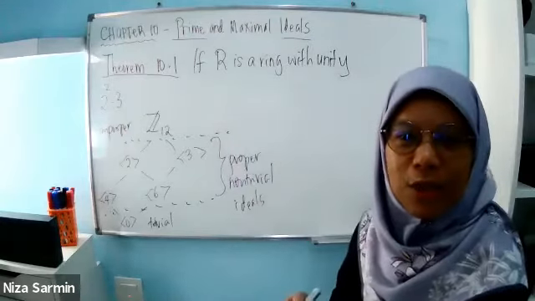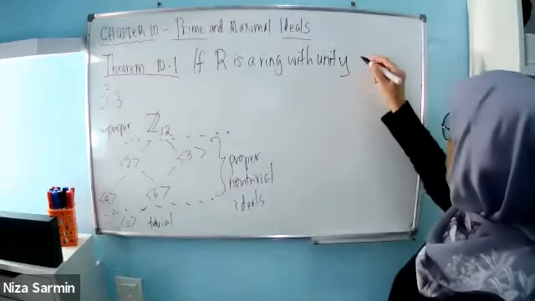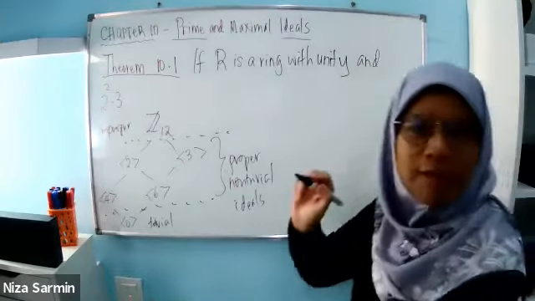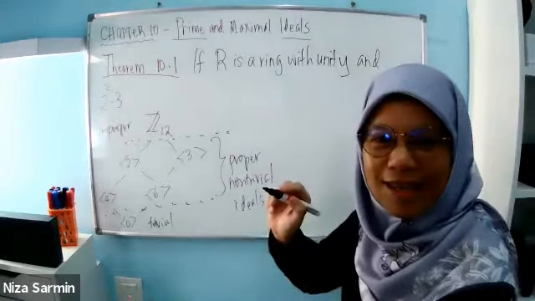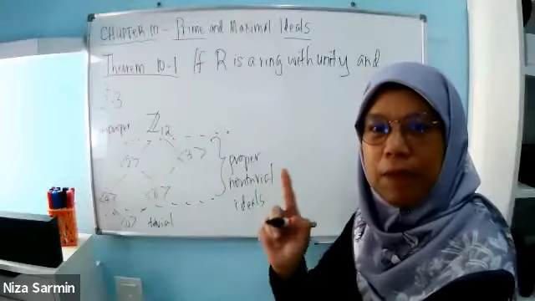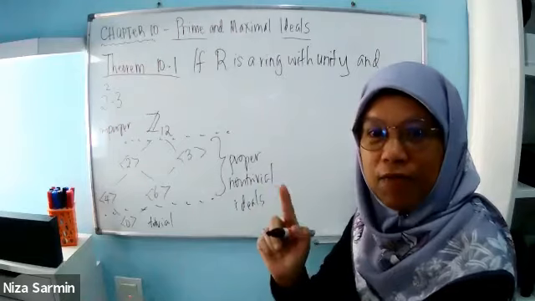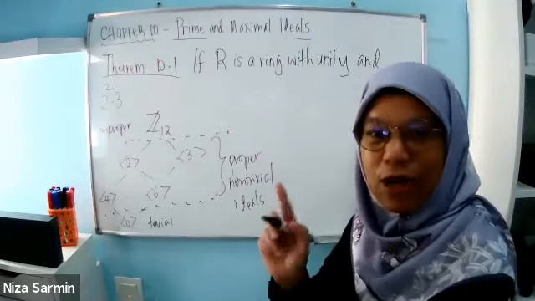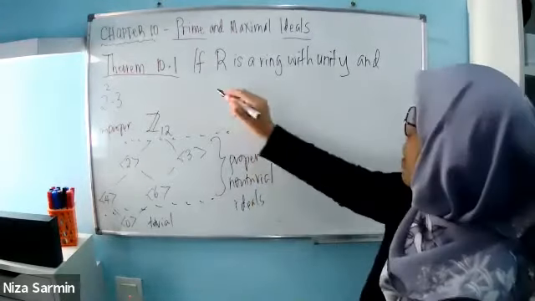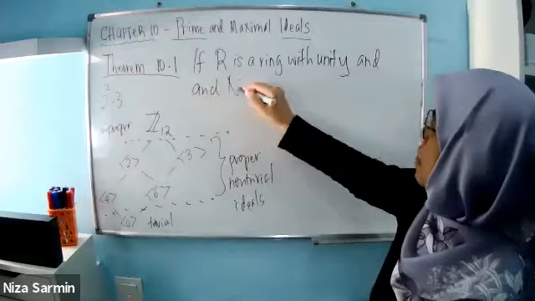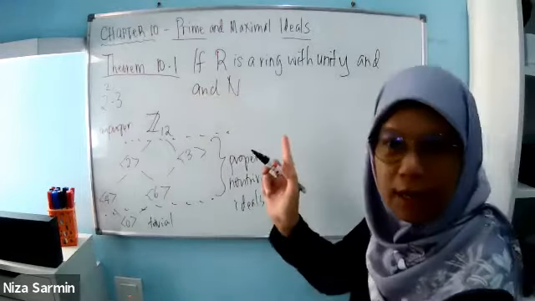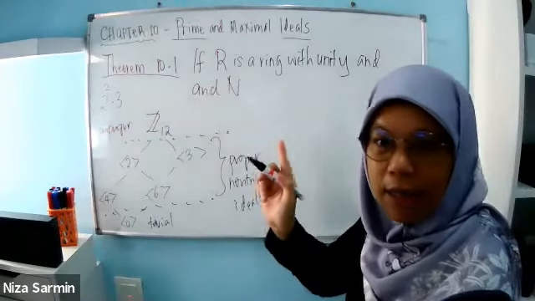What does it mean by unity? Yes, there is a multiplicative identity. It's not necessarily 1. Okay, so if R is a ring with unity and N is an ideal.